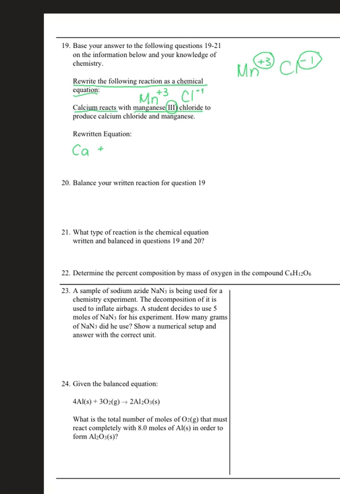I need +3 and I need -3 somehow. I need them to cancel out. So that means that I can crisscross, right? The quick shortcut would tell me that I have Mn1Cl3. But I could also look at this and see that if I have a charge of +3 over here, I'm going to need 3 of the chlorine for 3 times -1 to get me the -3 that I need to cancel out to 0.